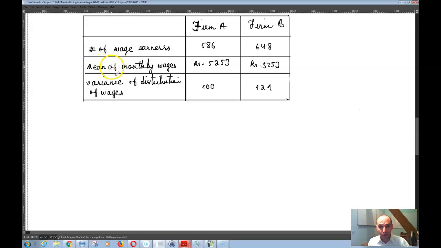And over here I have the mean of monthly wages, which happens to be the same amount, 5,253 rupees, and the variance of the distribution is basically 100 and 121.